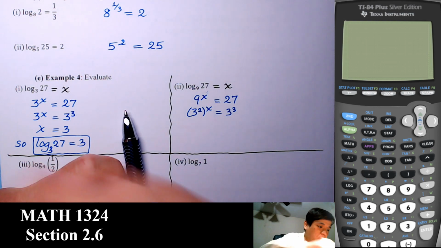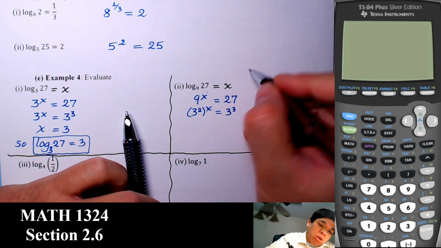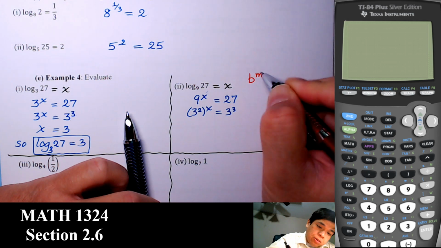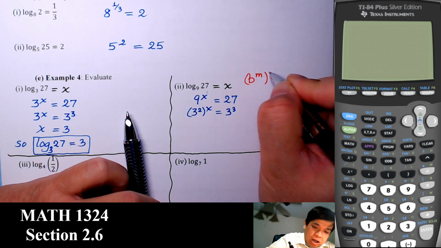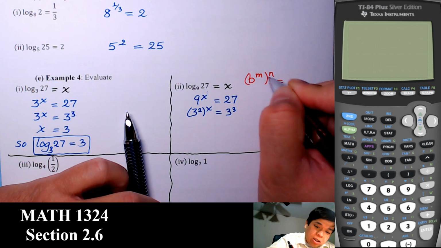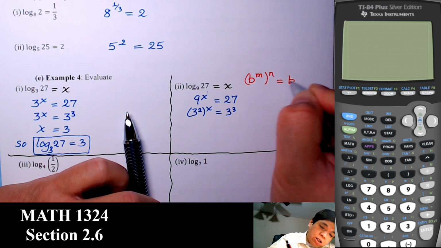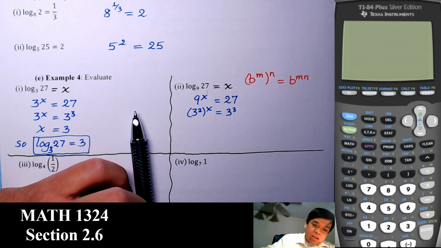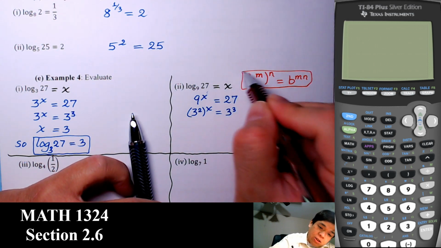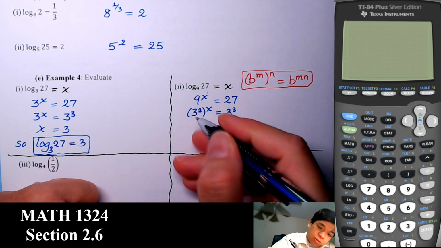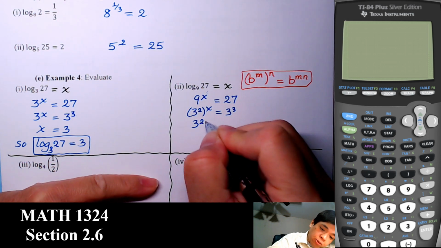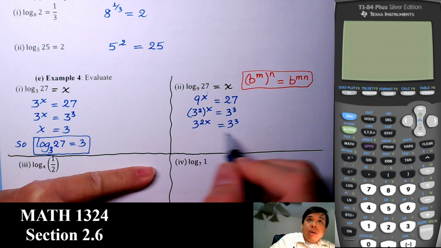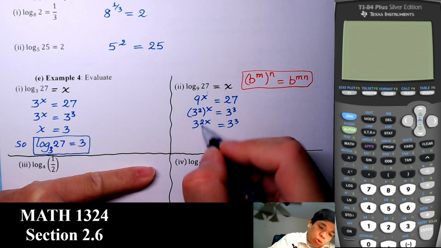Now, one property that we learned from the previous section: when we have an exponent raised to another exponent, we multiply the exponents together. So if we multiply the 2 and the x together, and the bases are the same, then 2x is equal to 3.